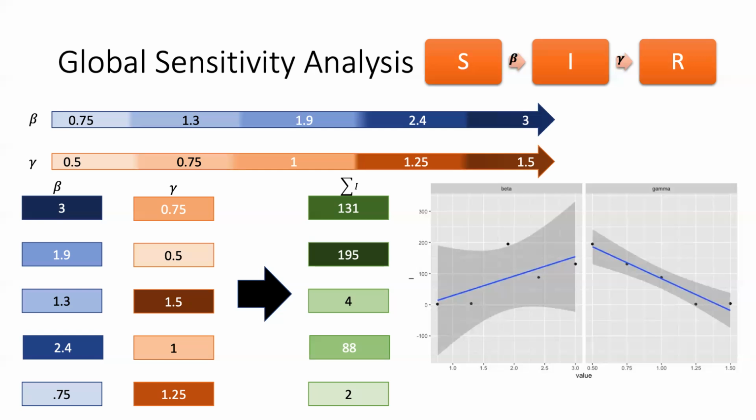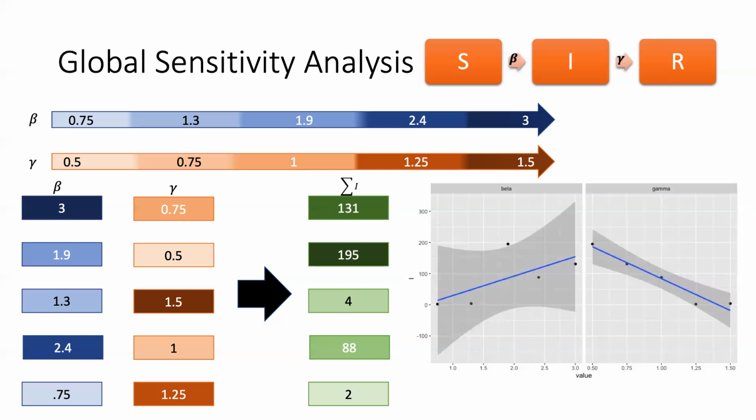But if we do this toy example where we have 5 different sections to our distribution, we can run it through, get our results, and then we can look at the correlation between beta and the total infections and between gamma and total infections. And if we plot these 5 points and fit those lines here, you can see that beta has a direct relationship. Increase the transmission coefficient, you get more infections. Surprise. Yeah, it's clear, but you can actually estimate that correlation between those values.